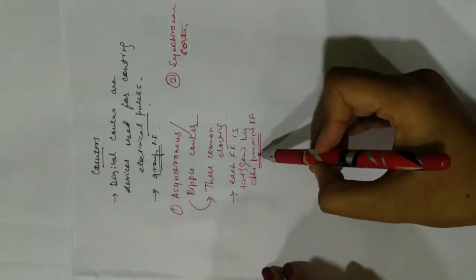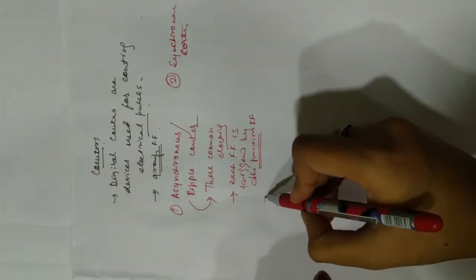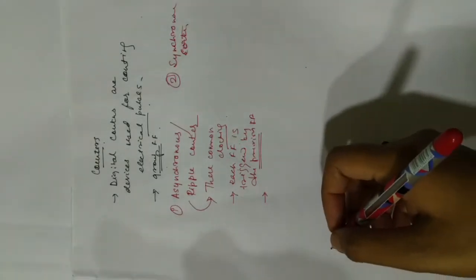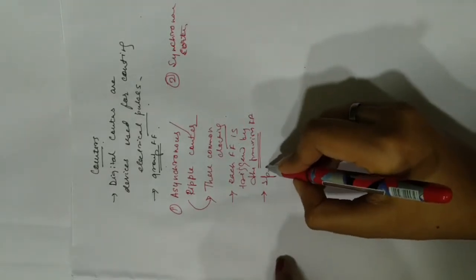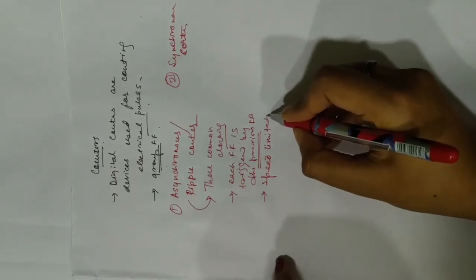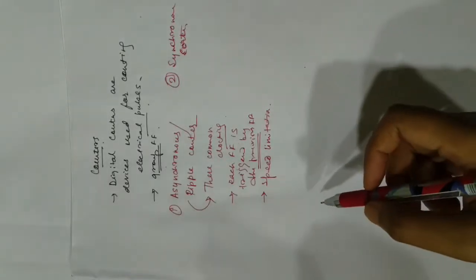As you can understand, there is no common clocking, and each flip-flop depends on the previous flip-flop for its function. So there is a speed limitation in case of asynchronous or ripple counter, right?